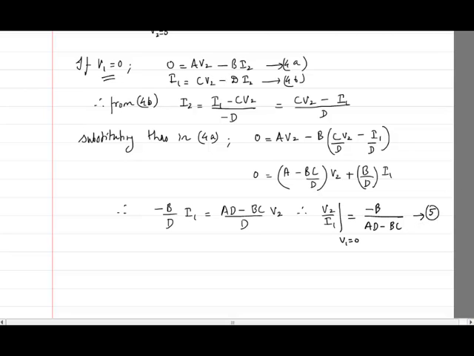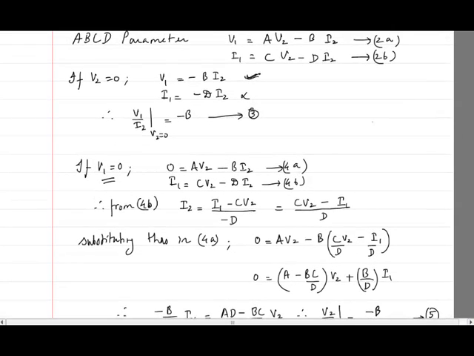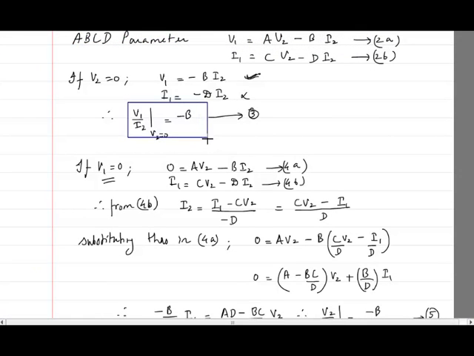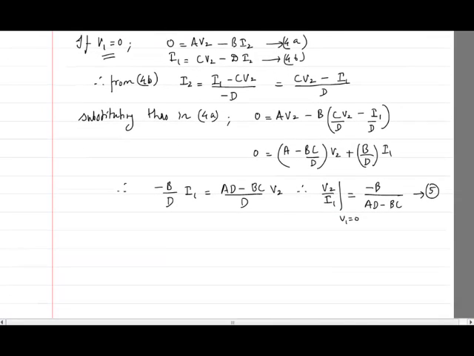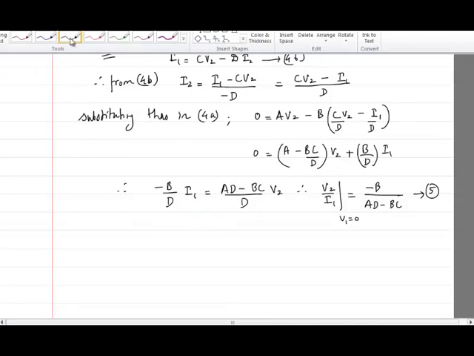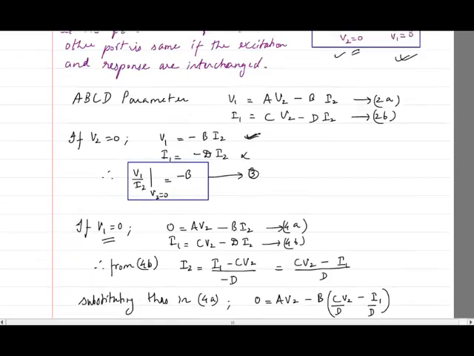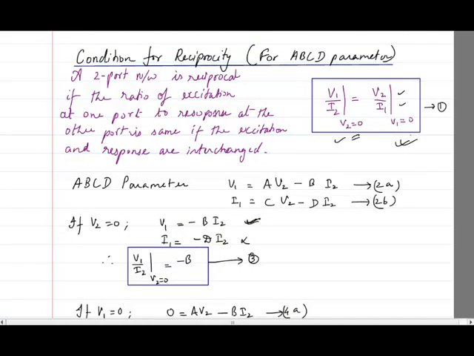Okay, so these two I have found out. Let me put them in a box. This is the first one that I found out, and this is the right hand side, which is the one I found out second. And what does the condition for reciprocity say? That both should be equal according to equation 1.